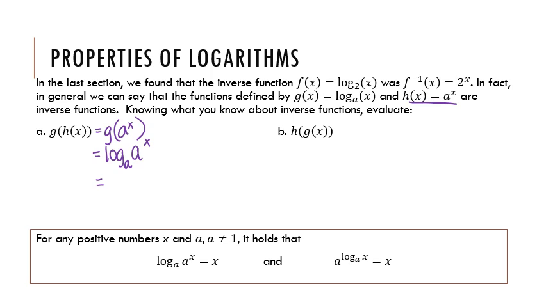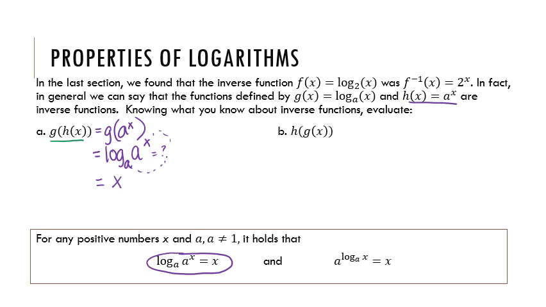We know that since these are inverses of each other, when I compose them, they're always going to equal x. So there's our first property. The other way you can think about it is, remember, a logarithm is just a power. So a to what power is a to the x? That has to be x.